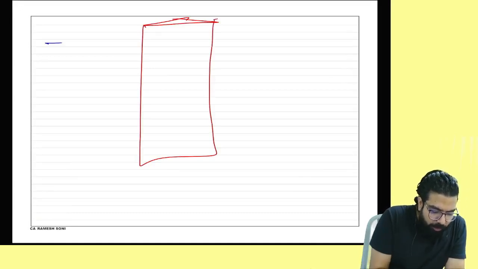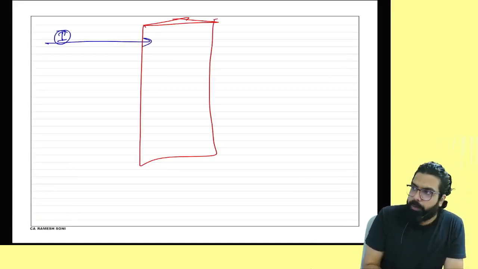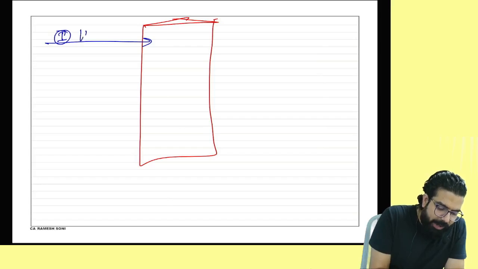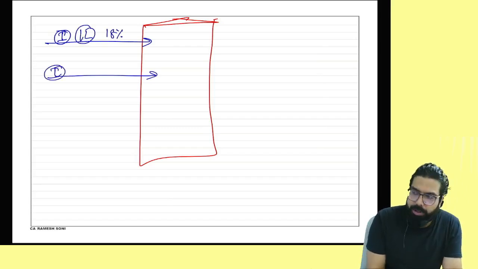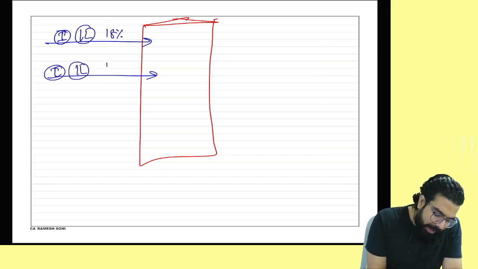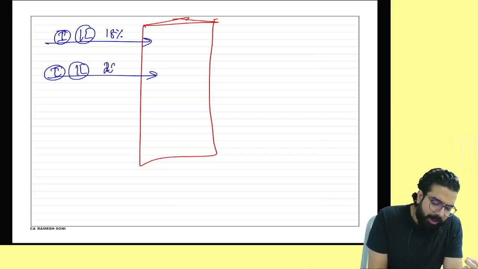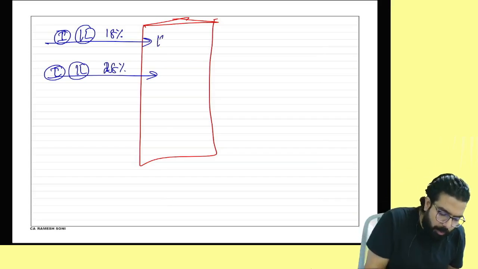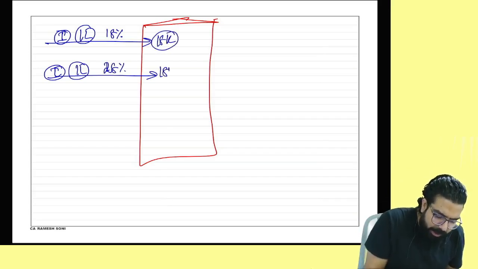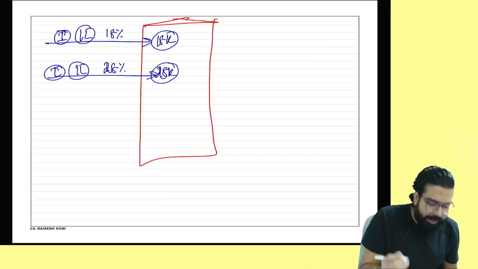Supposing, everyone over here, I went ahead and bought some input. 1 lakh rupees of input, 18% is the GST. Okay everyone? I bought another input, 1 lakh rupees of input, and the GST is 28%. Here the GST is 18,000. Here the input tax is 28,000.